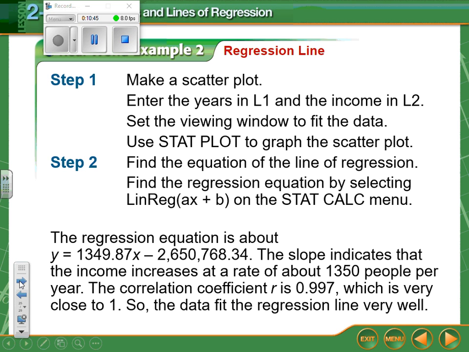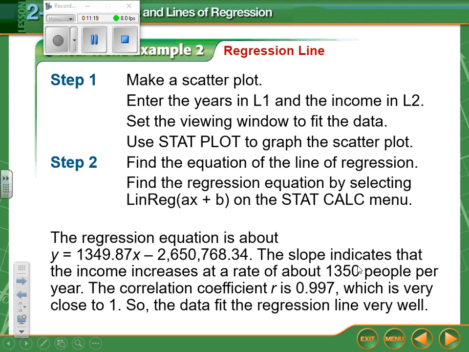So if you'll go ahead and do that now and put in your numbers into list 1 and list 2, create the scatter plot, make your window fit the data well, and then come up with a linear regression equation. The equation you should get is 1,349.87x minus 2,650,768.34.